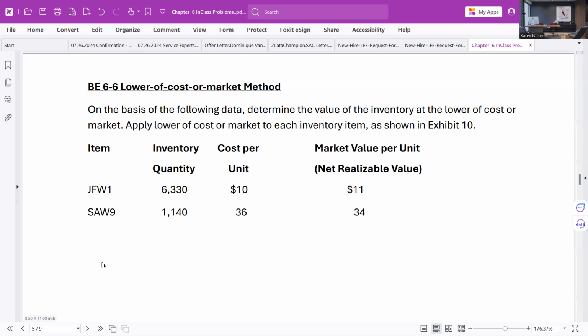So let's see. JFW1, I'm going to put the total cost. The total cost of JFW1 is 63,300, and the total market is 69,630.